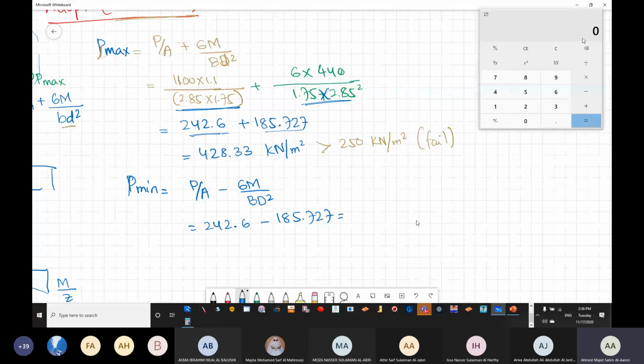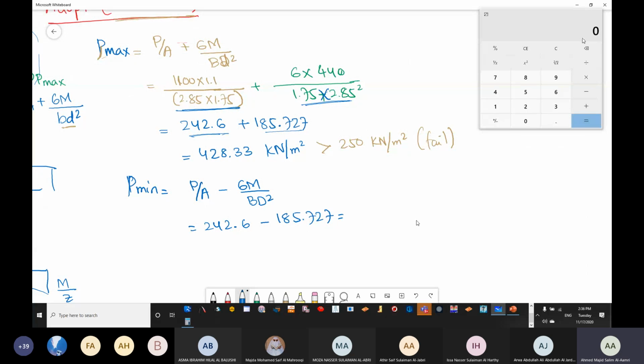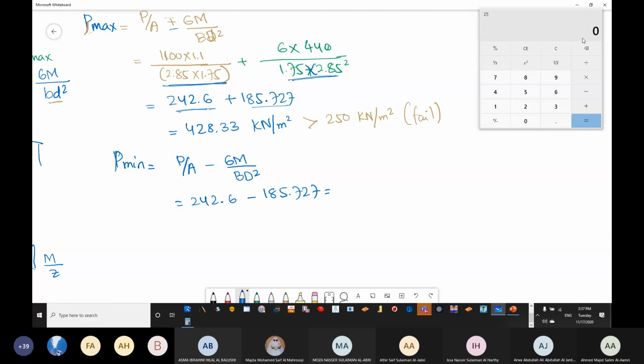Because the difference between the first equation of pressure and the second is only minus and plus, so rather than doing the calculation twice. This is going to be 56.873. Is it lesser than 250? It is lesser than 250 kilonewton per meter square. So this is fine.